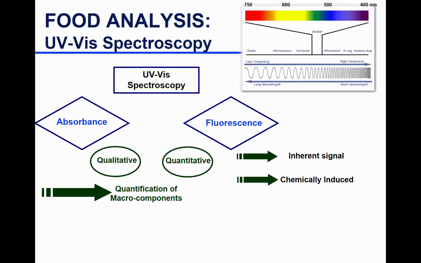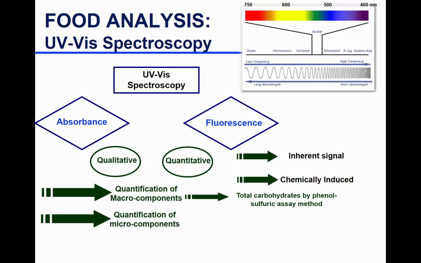So we can use this technique for quantification of macro components like total carbohydrate. We're going to do this assay in the lab, the phenol sulfuric assay method, and we're going to use spectroscopy to determine the concentration. Or we can do it for micro components like determining vitamins, like thiamine, fluorometric method, which is measuring fluorescence.